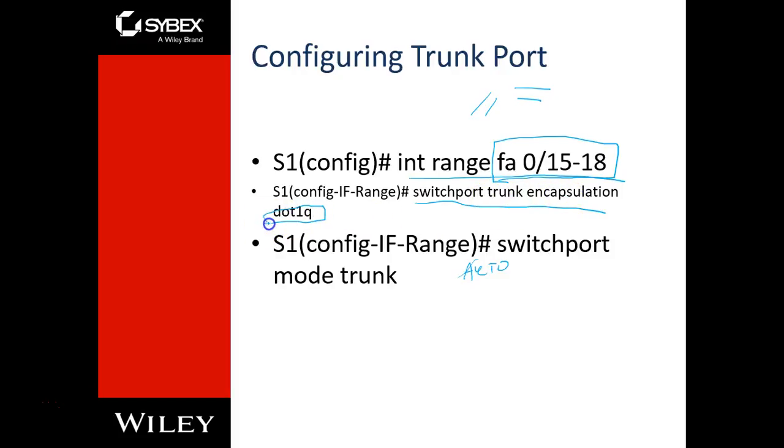Again, we're using the same words, trunk here and trunk here, but in different order to do different things. What does it say? On the switch port, for the trunk port, the encapsulation I want to use is dot1q. If the switch supported it, and if you wanted to use it, you could use ISL. You don't want to use ISL.